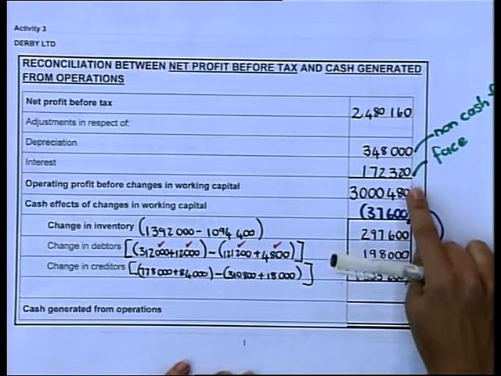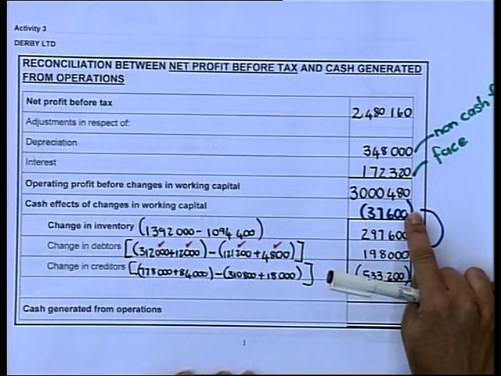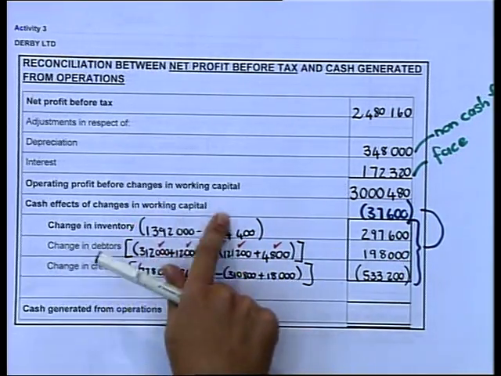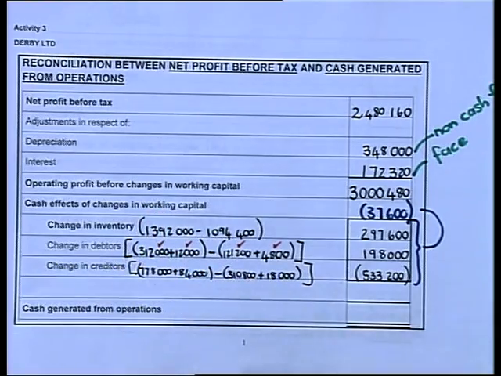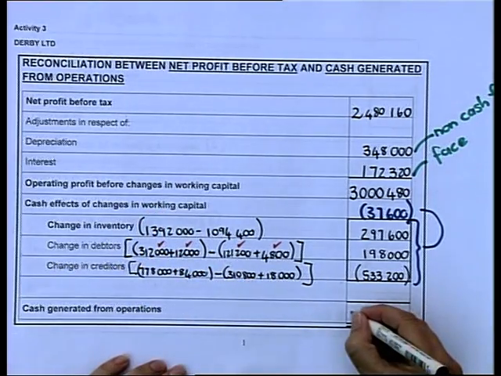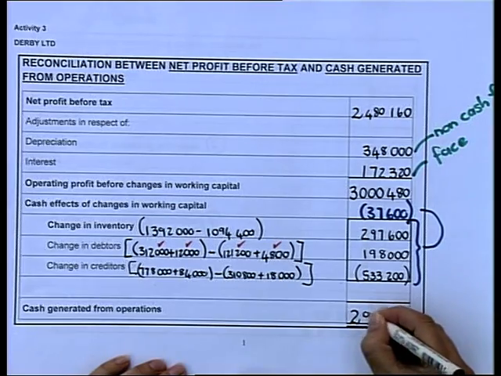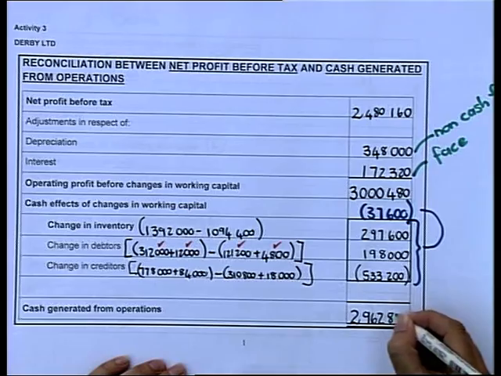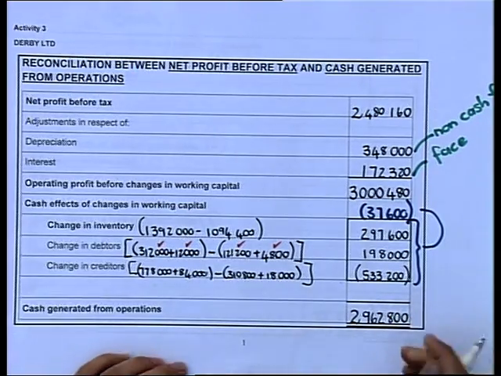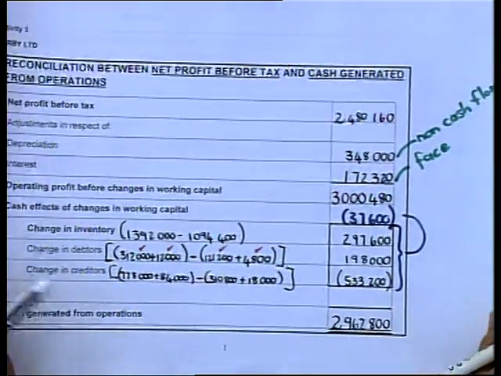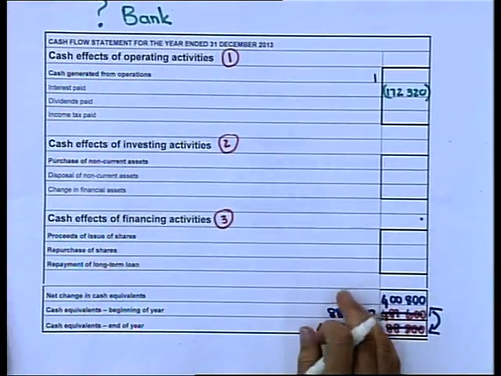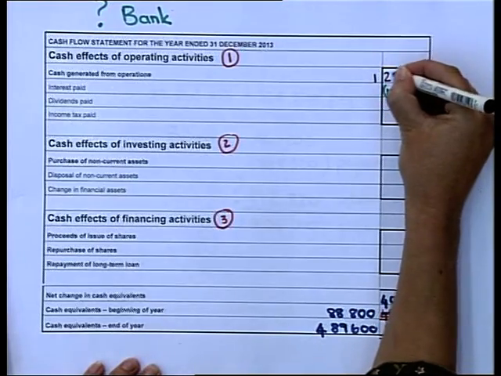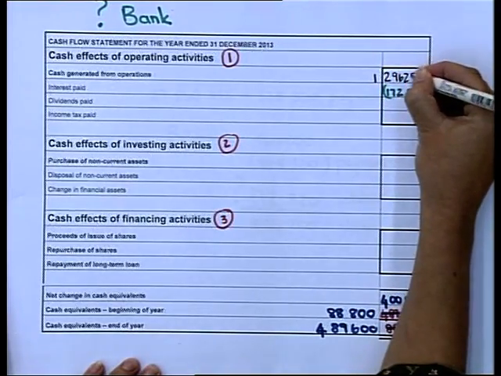Then to change that into a cash effect, in other words, to reconcile it with the cash effect of working capital, the cash that was generated from the normal activities of this business is 2,962,800. That's a mouthful. And this figure you transfer to the face of the cash flow statement, 2,962,800.